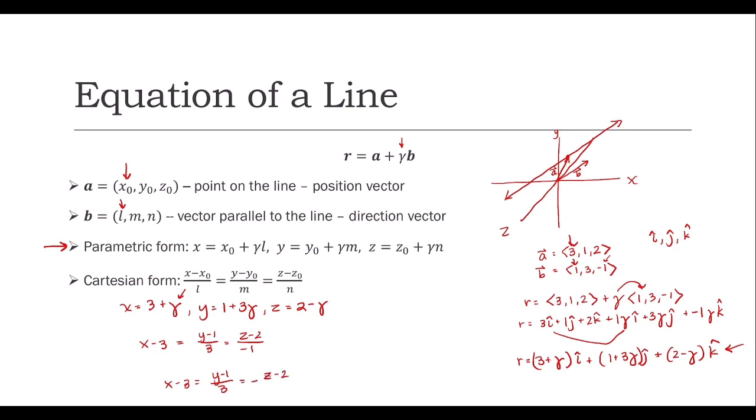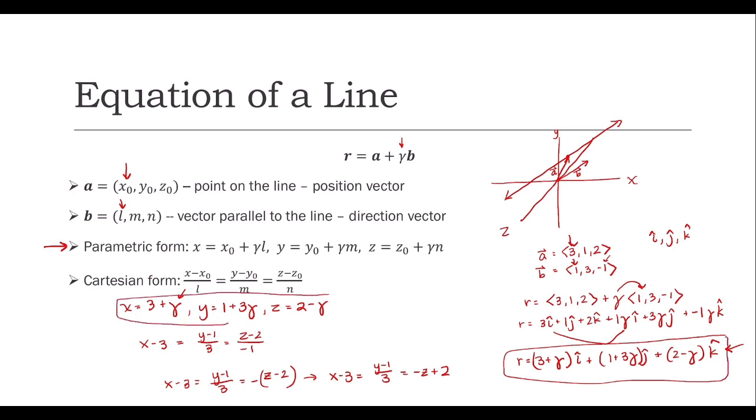So just negative z minus 2, which is negative z plus 2. So that would be x minus 3 equals y minus 1 over 3 equals negative z plus 2. So here we have it in your normal form, your parametric form, and then finally your Cartesian form. So those are your different forms for writing your equation of a line with vectors.